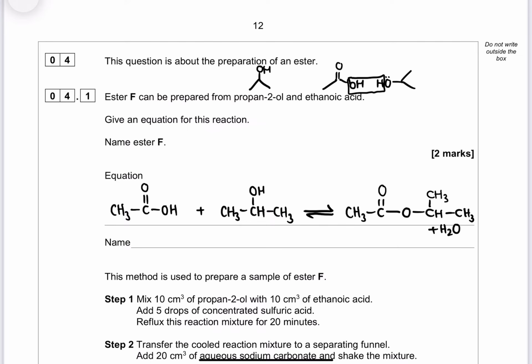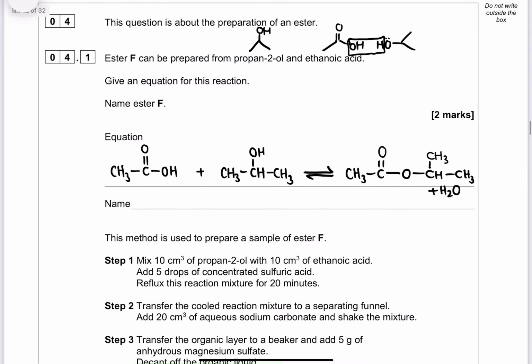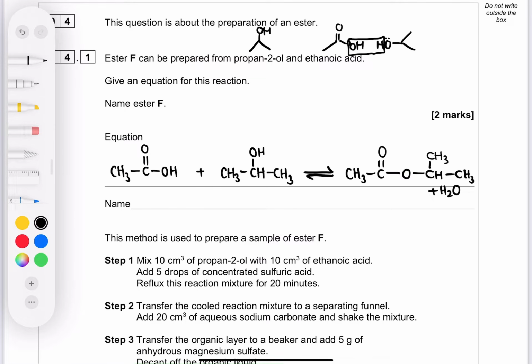And we have to name that ester. So the chain containing the main functional group is here. If I just do this in a slightly different colour, 1, 2. So it's an ethanoate from ethanoic acid. It's an ethanoate ester. Attached to that ethanoate, the longest chain is 1, 2.